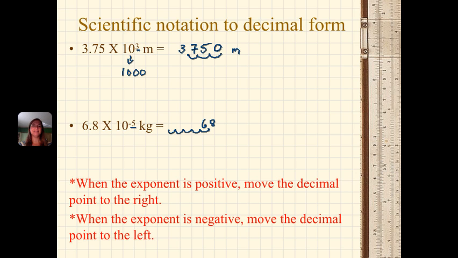This means that I'm going to be adding zeros until here. So my number actually is 0.000068, and those were kilos. So let's write the unit again.